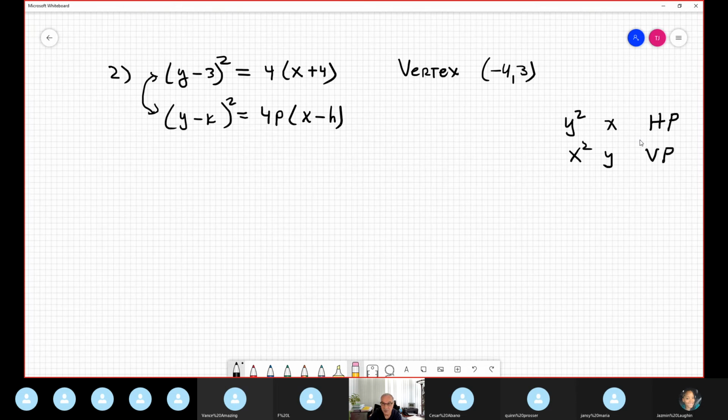So we are in front of one typical example of a horizontal parabola, because y is squared and x is not squared. So how do you know in what direction it opens? Well, depending on the sign of p. I know that 4 is equal to 4p, comparing this equation, therefore p is 1. You see, p is 1. This parabola opens to the right. Bam, like that. And the vertex is this point. Make sense?